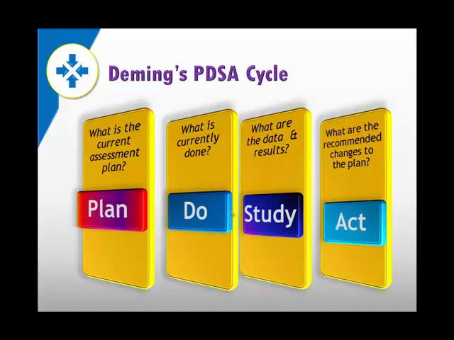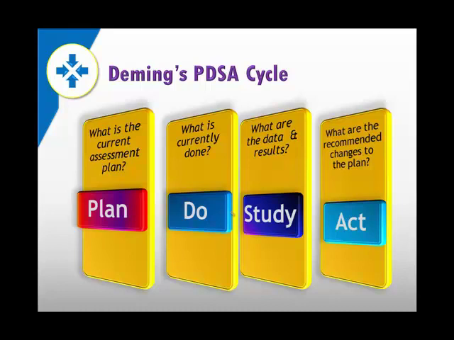Shewhart's continuous improvement model, Plan, Do, Check, Act, or PDCA, formulated in 1939, was modified by Deming in 1986 into the Plan, Do, Study, Act. PDSA is now also used as a common framework for institutional assessment at the K-12 public school level.